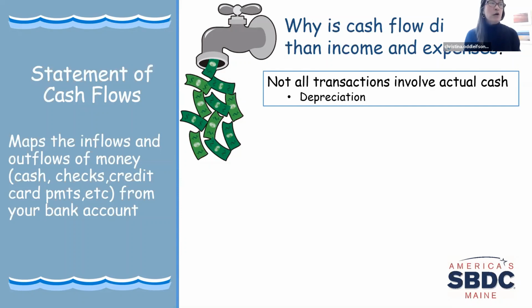But there's no depreciation commission that you write this check to, so money is not actually going anywhere, and it's staying in your bank account. So it shows up on your income statement, and for some people this can be a big number, and it affects your profitability, but it's not a loss of cash.